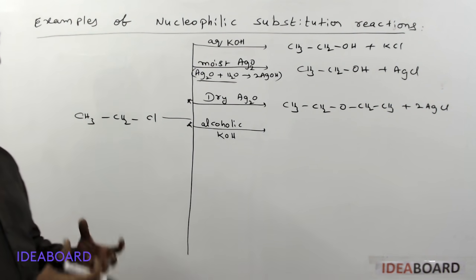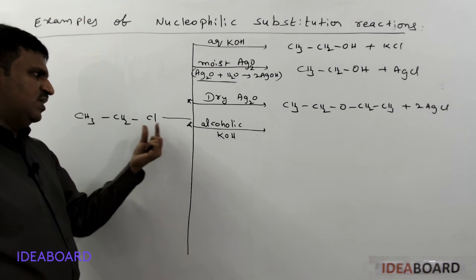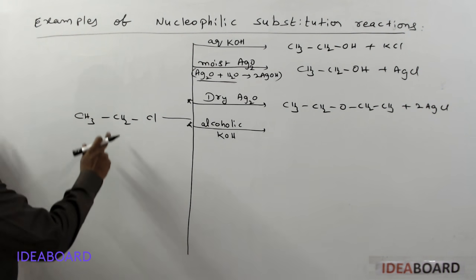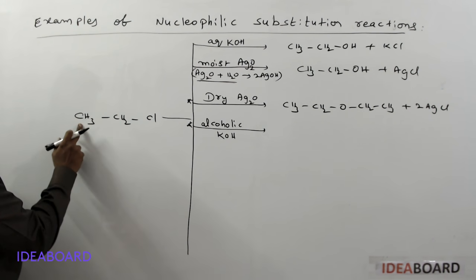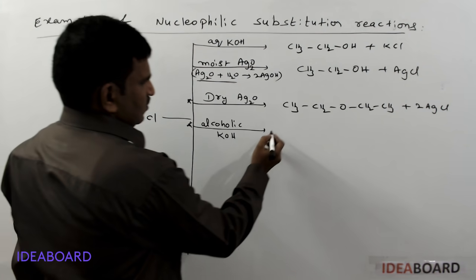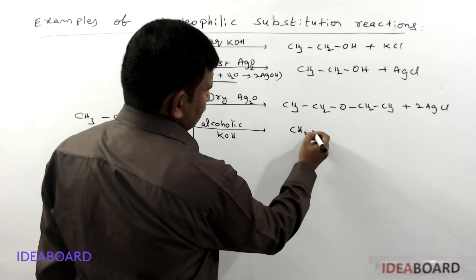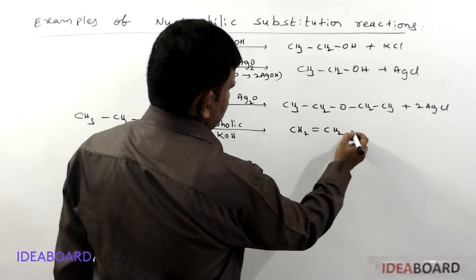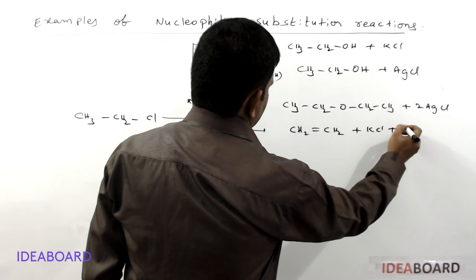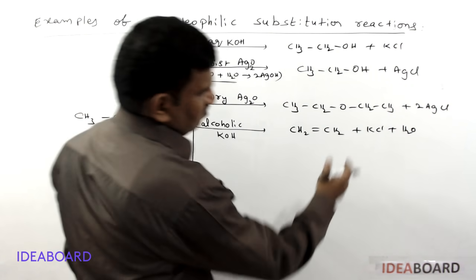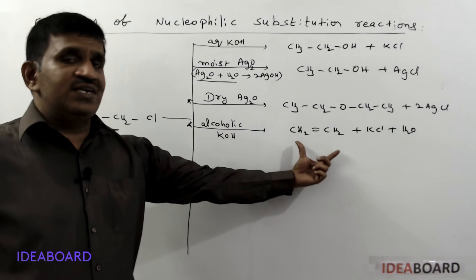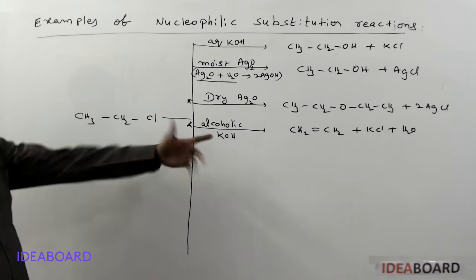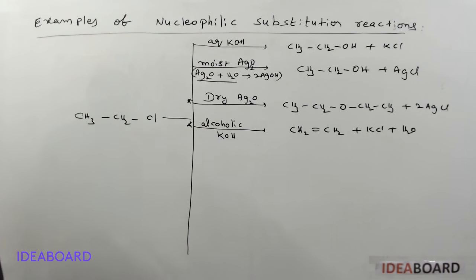Alcoholic KOH is the best eliminating reagent. Dehydrohalogenation occurs: on this carbon is the halogen, and from this carbon hydrogen is eliminated. So we get CH2=CH2 plus KCl plus H2O. The byproducts are not important. You will get an alkene. Elimination occurs, and ethylene or ethene is formed.